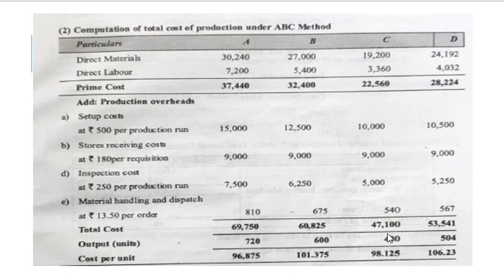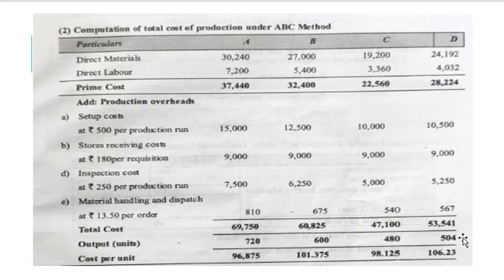Then for C, 47,100 divided by the number of units, which is 480, will give you 98.125. Then for D, 53,541 is the total cost divided by the number of units, which is 504, will give you 106.23. So this is the end of your calculation for this problem.